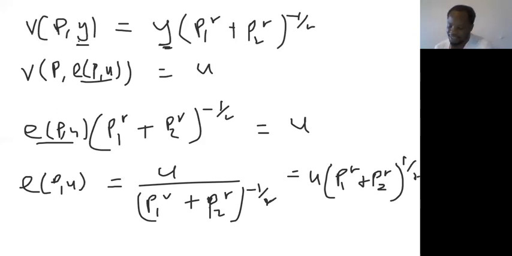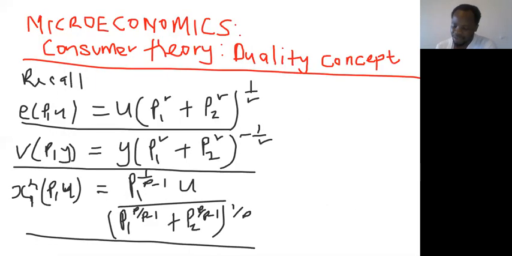Let's compare this with the expenditure function we got when we differentiated using the long approach, which we quoted. You can see what we've gotten is the same as this one. So when you have your indirect utility function, by using the duality concept, you should be able to derive your expenditure function from it.